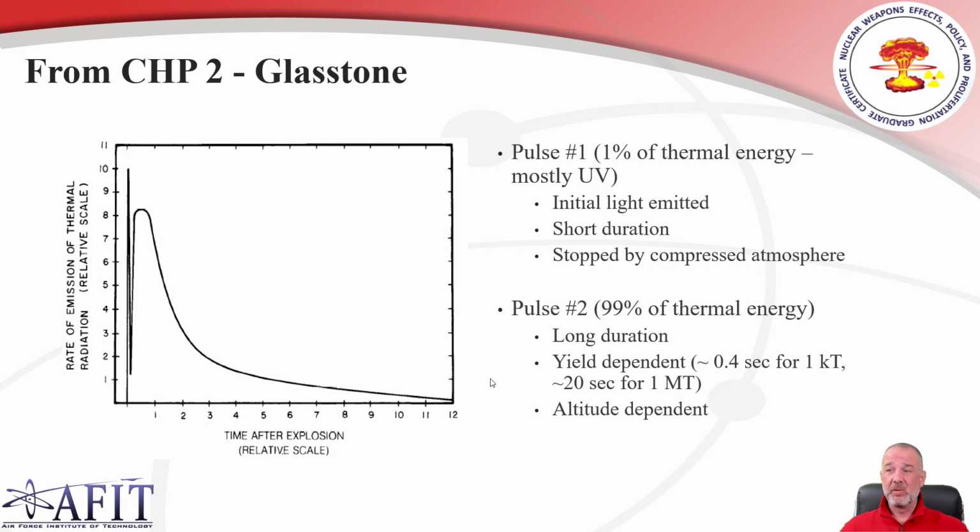But as we move into the megaton range, that gets stretched out from half a second all the way to 20 seconds. And this is the reason we discussed before: the amount of radiant energy required to ignite paper or wood actually goes up with increasing yield, because it's stretched over a much longer time period.